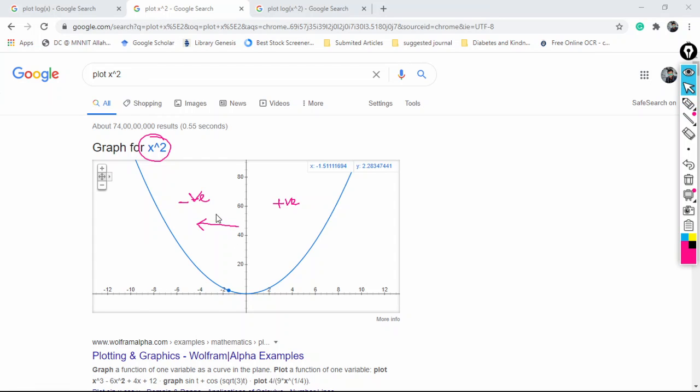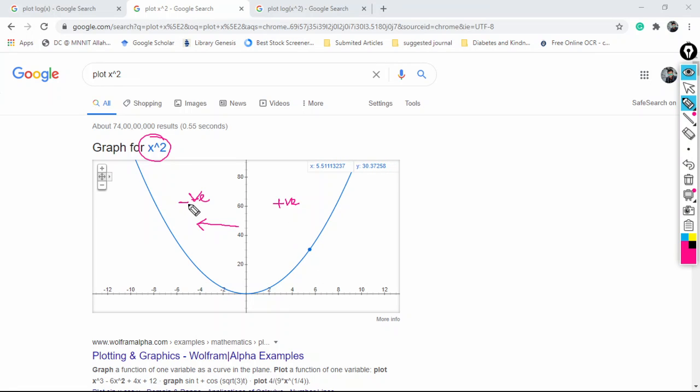If we increase the value of x in the negative side, then the function value is decreasing, but in the positive side, if we increase x, then the function value is increasing. So in the negative side the functional value is decreasing, and in the positive side the functional value is increasing.